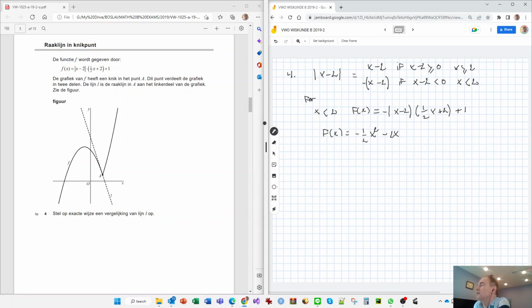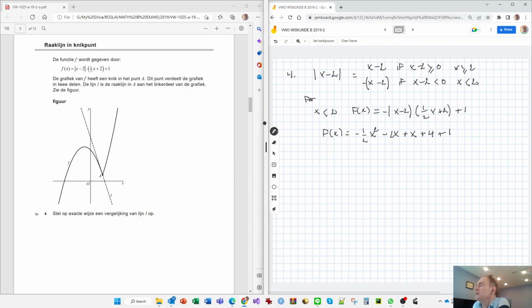I get a minus 2x here, and from this term I get minus 2 times 1/2, so I get plus x, and a negative 2 times 2 is negative 4 with a minus sign.